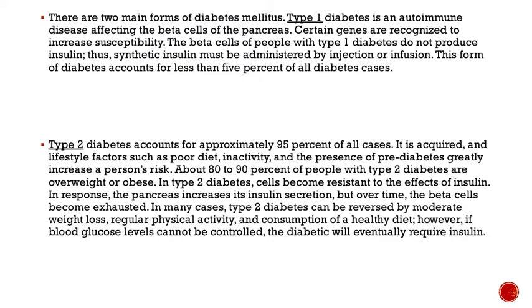In response, the pancreas increases its insulin secretion, but over time the beta cells become exhausted. In many cases, type 2 diabetes can be reversed by moderate weight loss, regular physical activity, and consumption of a healthy diet. However, if blood glucose levels cannot be controlled, the diabetic will eventually require insulin.